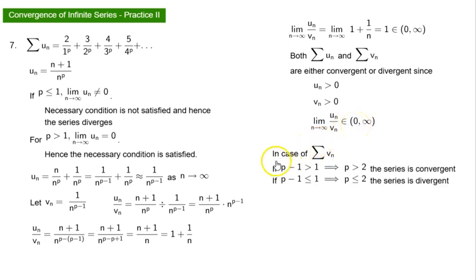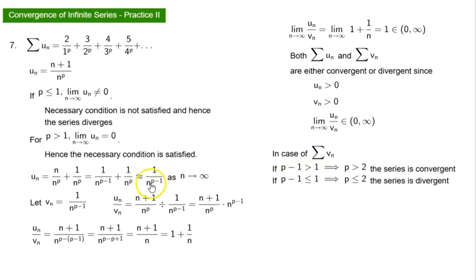So, in case of the p series v sub n, the p series that we had taken was 1 by n to the power of p minus 1. Remember, in case of p series, we say 1 by n to the power of p. If it is greater than 1, it is convergent. If it is less than or equal to 1, it is divergent.